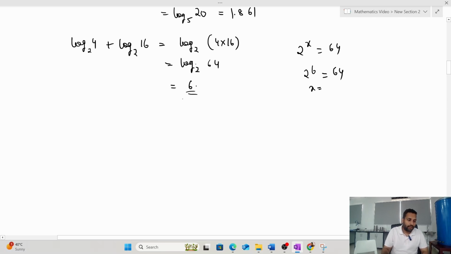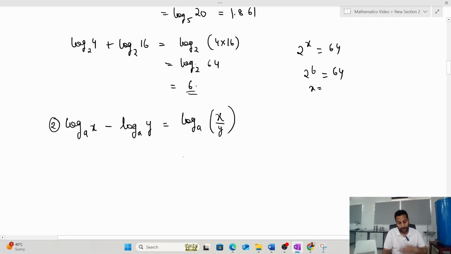Then the next law, the second law, which you need to know, states log base a of x minus log base a of y is equal to log base a of x divided by y, or x over y.